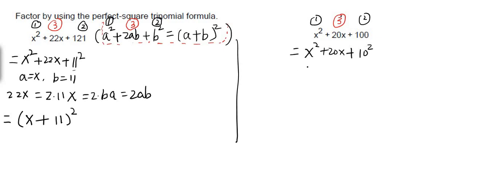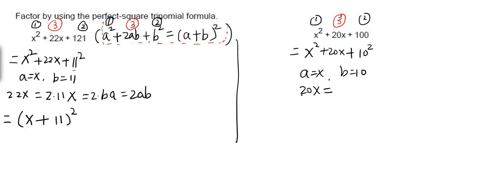We can see a is x. A squared, a is x. B squared, b is 10. Now we're going to verify whether the third term can be written down as 2ab. So let's take a look. 20x can be written down as what?